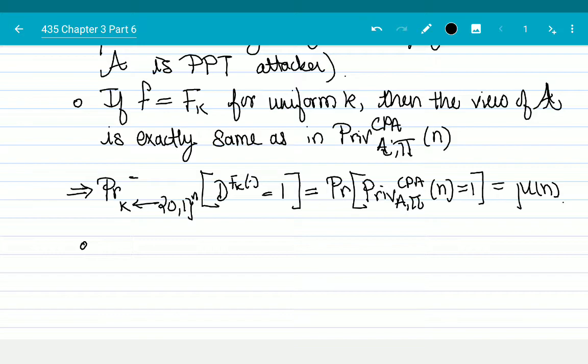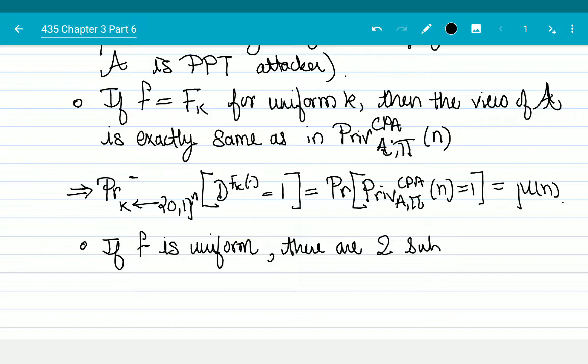Now, if instead F was uniform, then we have to take a look at two subcases. What are the two subcases? R star was never used before, and R star was used before.